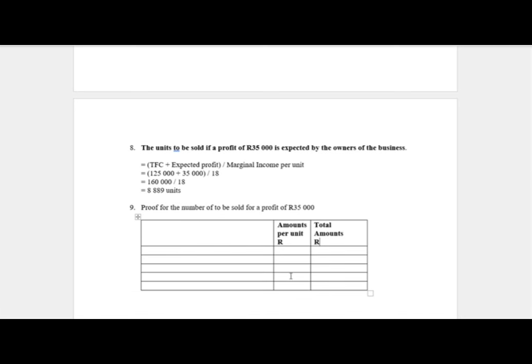Right, so now remember our formula for marginal income statement. Marginal income statement there. All right, so let's see.